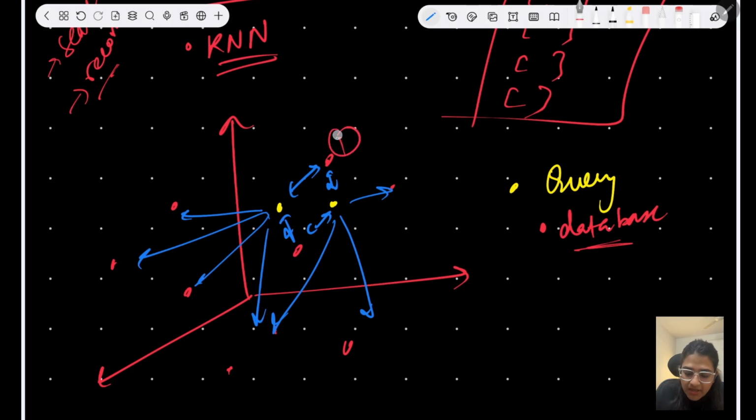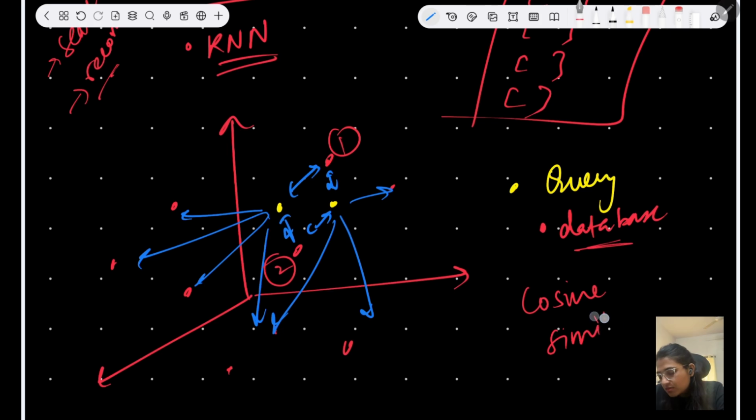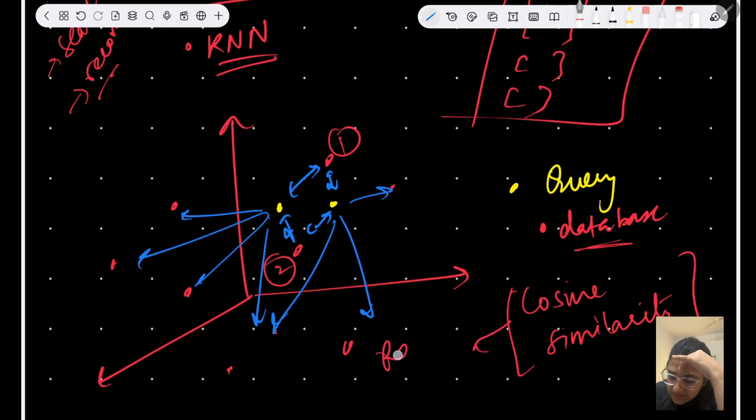Which one is matching? I think this one is matching well, this one is matching well for both the query parameters, right? And there are metrics called cosine similarity. It gives me a score of which word is nearest using maths. Okay, we use trigonometry to find the cosine similarity, and then based on this we rank all of these database vectors.